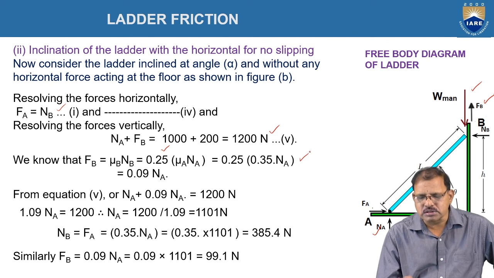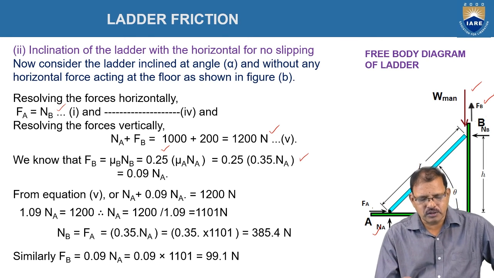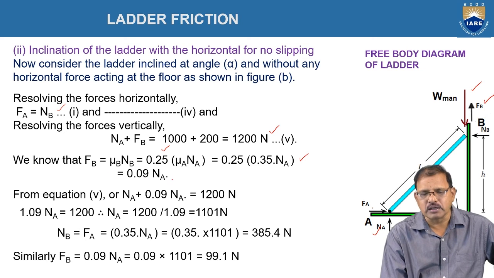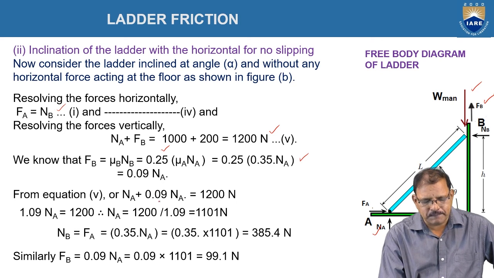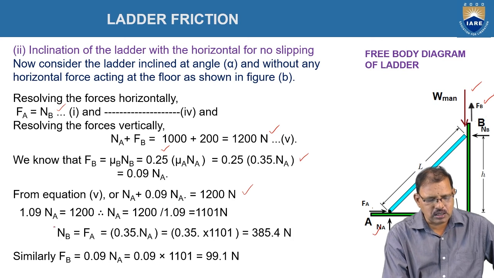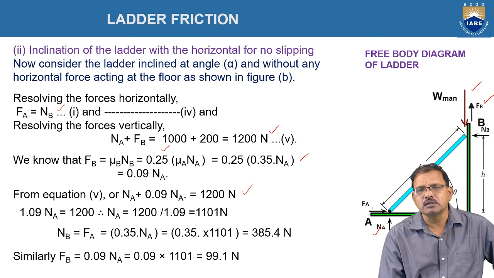This is the relation we got, FB is equal to 0.09 NA. Now from equation number 5, we got NA plus 0.09 NA is equal to 1200 newtons. Hence 1.09 NA is equal to 1200, NA is equal to 1200 divided by 1.09.